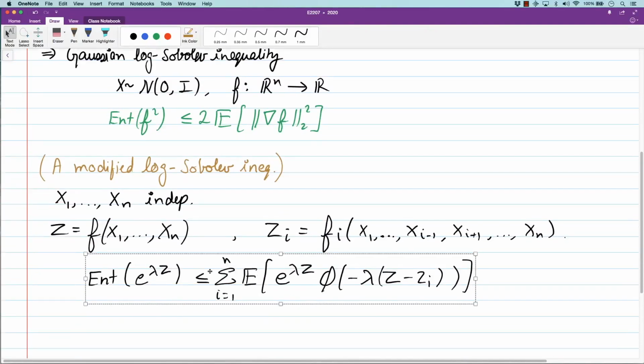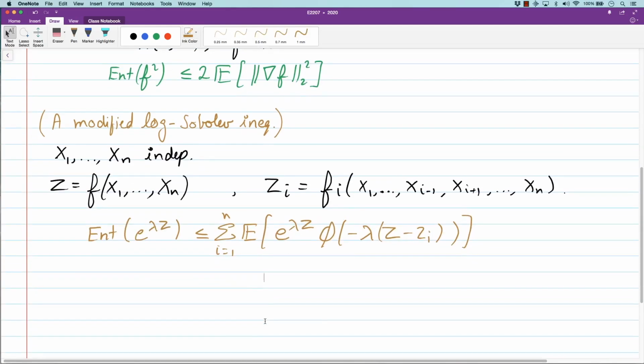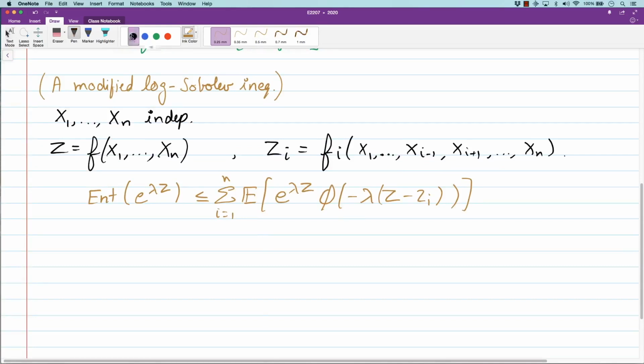So in that sense, this inequality directly gets us there and hopefully will serve that purpose. Okay, so that's the main inequality we'll show. I never defined this function phi, where phi of x is equal to e to the power x minus 1.